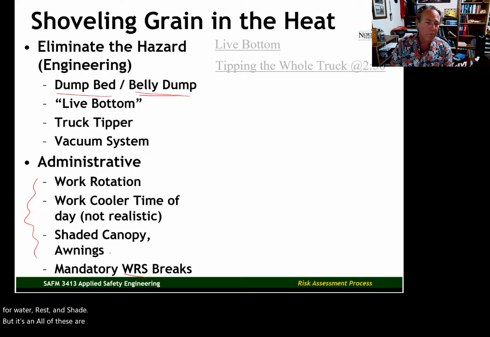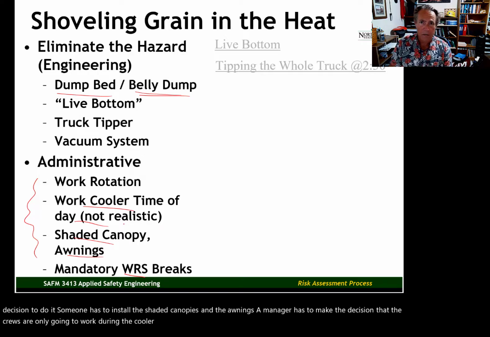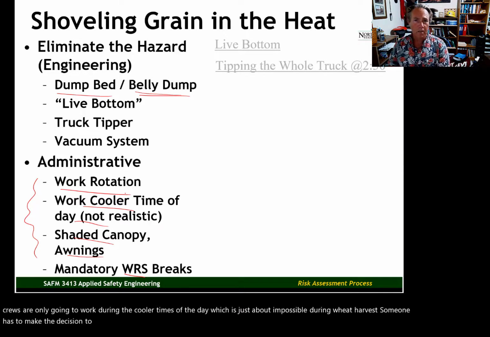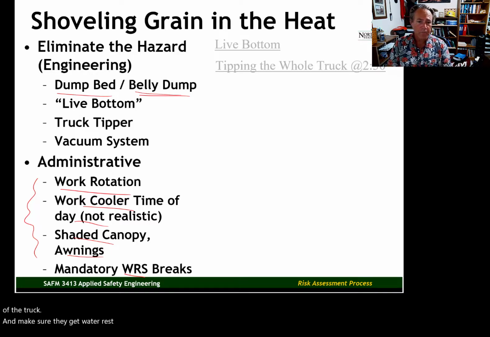The problem with administrative is that it takes someone to make the decision to do it. Someone has to install the shaded canopies and the awnings. A manager has to make the decision that the crews are only going to work during the cooler times of the day, which is just about impossible during wheat harvest. Someone has to make the decision to manage that work rotation and to pay attention to how much time workers have spent in the back of the truck and make sure they get water, rest, and shade breaks.